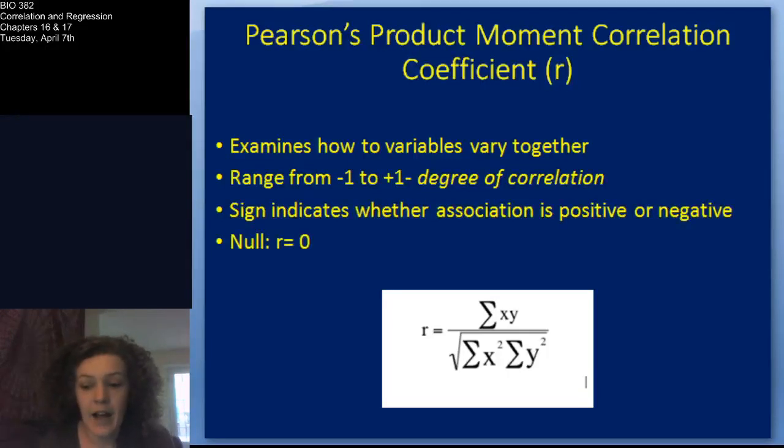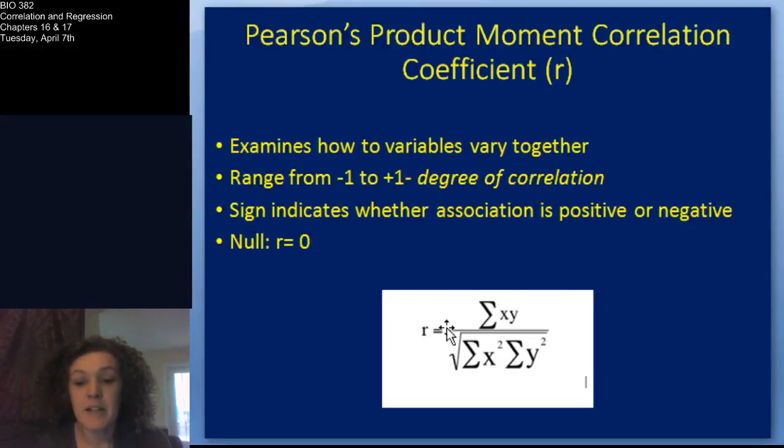Now down here I have the formula to calculate a correlation coefficient. I'm not going to make you do this by hand in this class right now, but maybe you can do it for bonus points. It's called the product moment correlation coefficient because you're taking products, right?